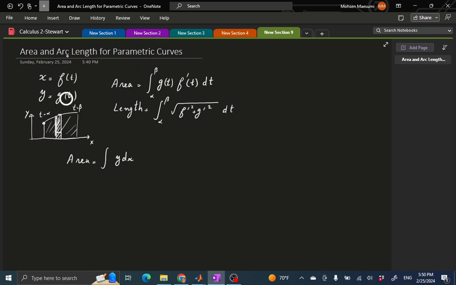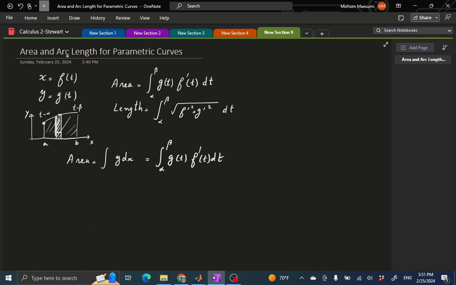Now our y is just g, and dx, the differential of x, will be the derivative of f, which is f prime of t dt, and then we have beginning and end according to the parameter t. So here x will start at some a and end at some b, but for t we have alpha and beta, and that's all there is to calculating the area.